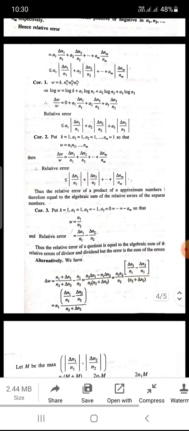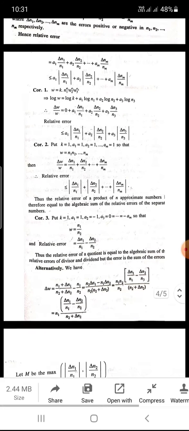Now second, if we put k is equal to 1, a1 is equal to 1, a2 is equal to 1, a3 is equal to 1 up till am is equal to 1. So we can say that w is equal to n1, n2 up till nm. So delta w upon w will be equal to delta n1 upon n1 plus delta n2 upon n2 plus delta nm upon nm.